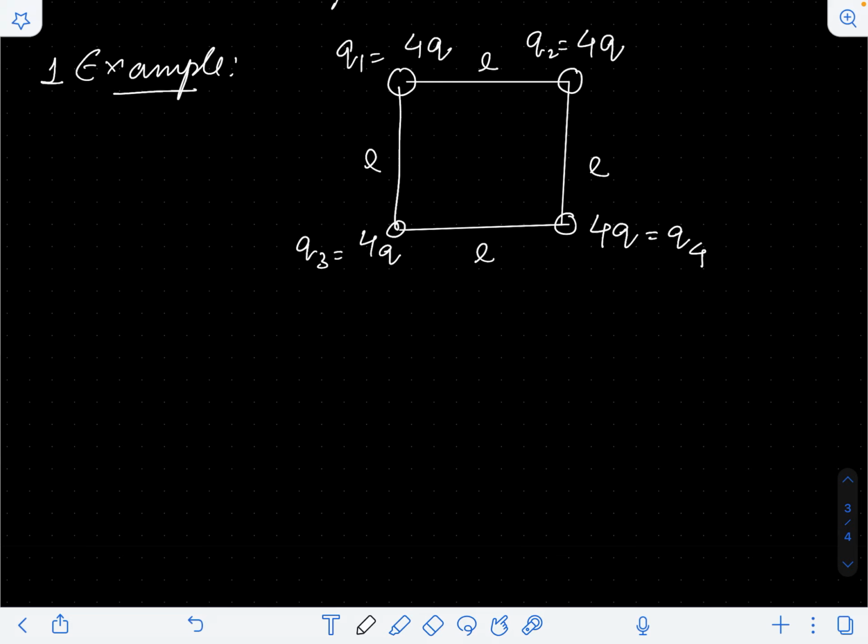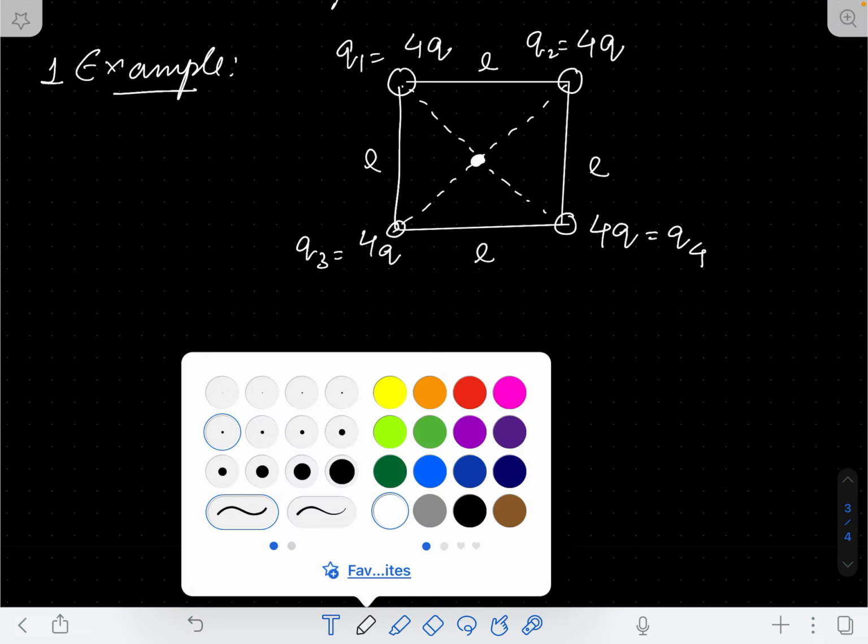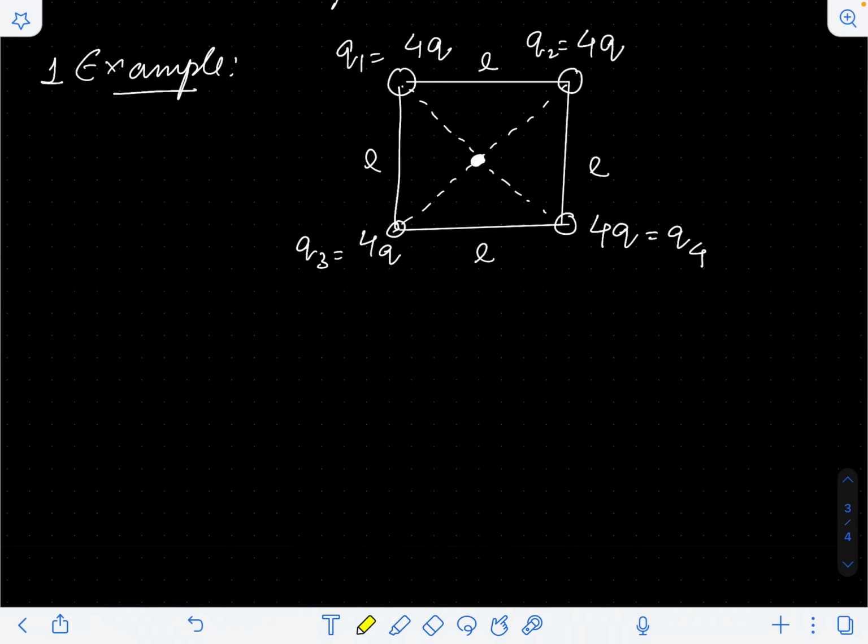Then if there is any charge at the exact center of the square, let's say the charge here is capital Q, what is the total force acting on this charge?